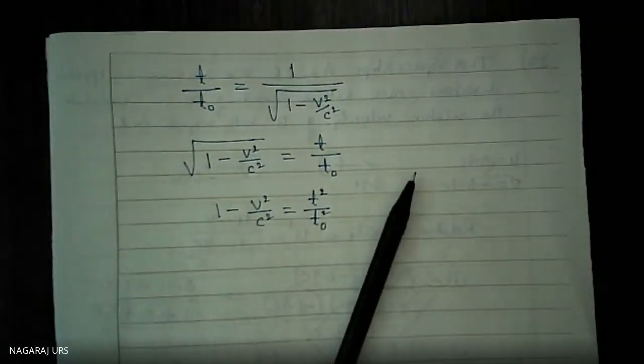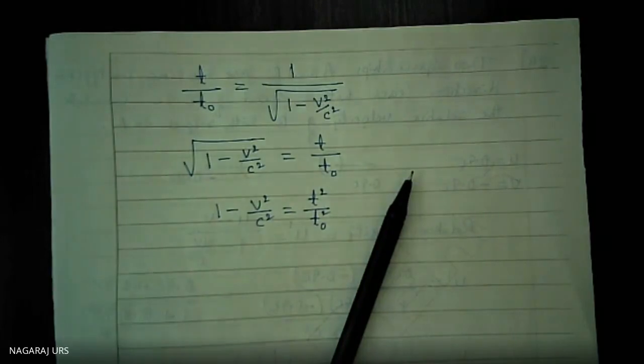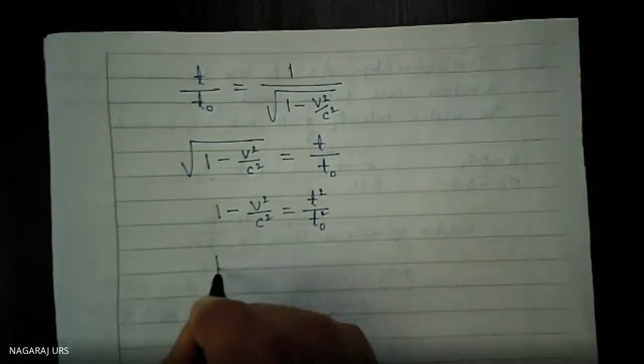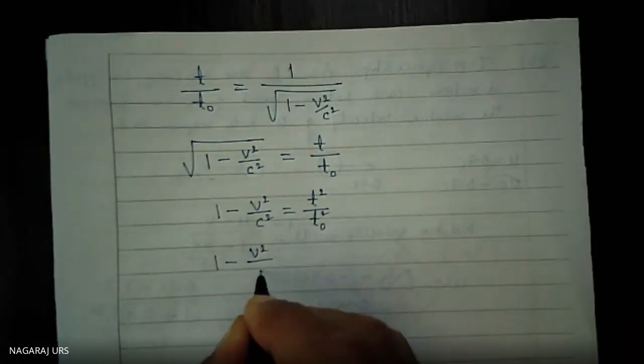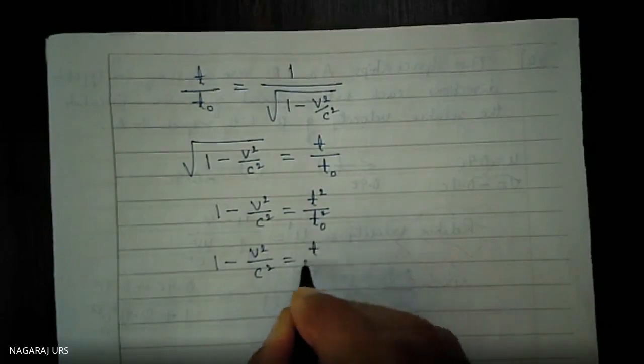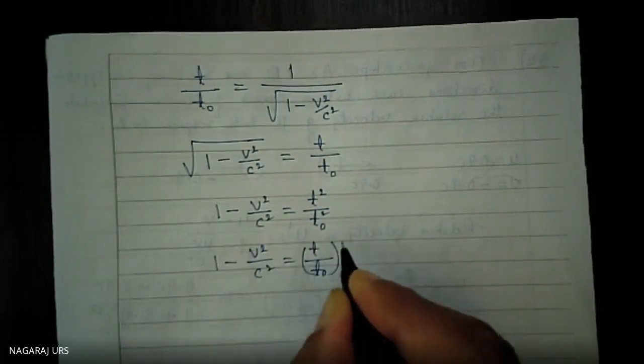Do it. Otherwise, first you calculate T by T naught, then you can take the square, no problem. 1 minus V square divided by C square is equal to T by T naught, that's square.